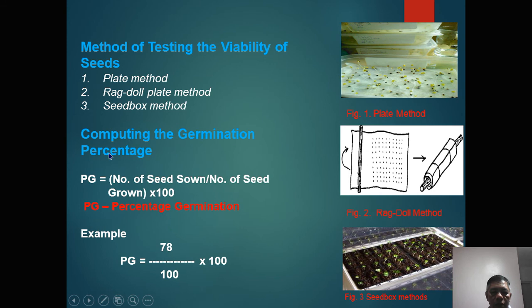And of course, the last one, the seed box method. This is somewhat laborious. This time, it's not anymore applicable.